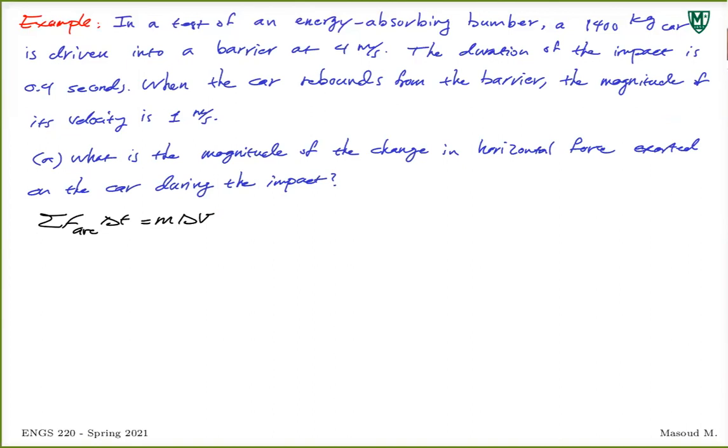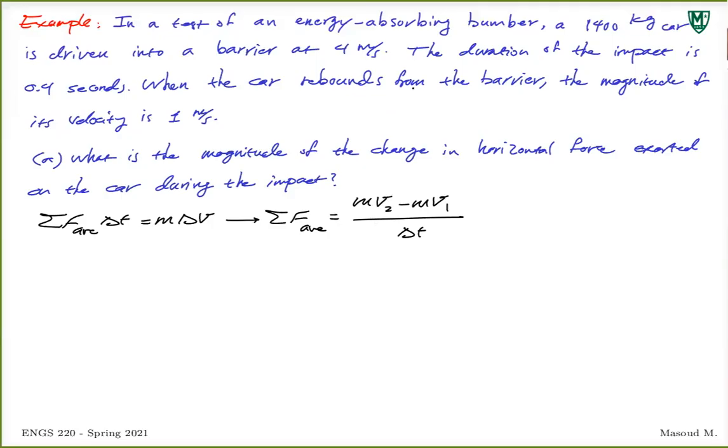Now, what do we know? So we are looking for the horizontal force. So obviously we're looking for the force. Summation of force average is equal to, let's expand the other side, mv2 minus mv1 over delta T. Now we know the mass of the car.